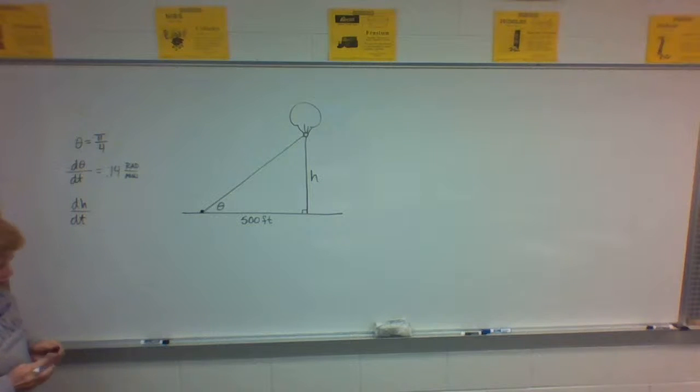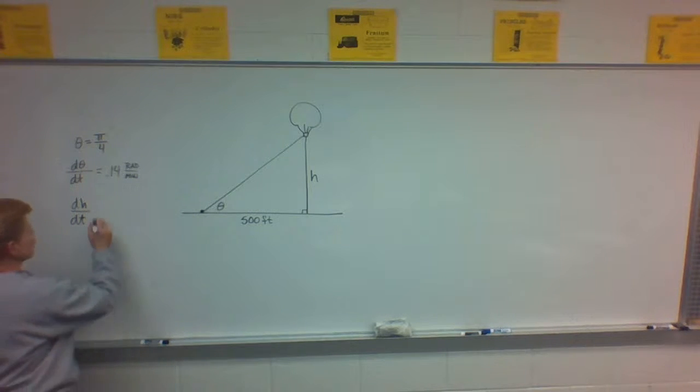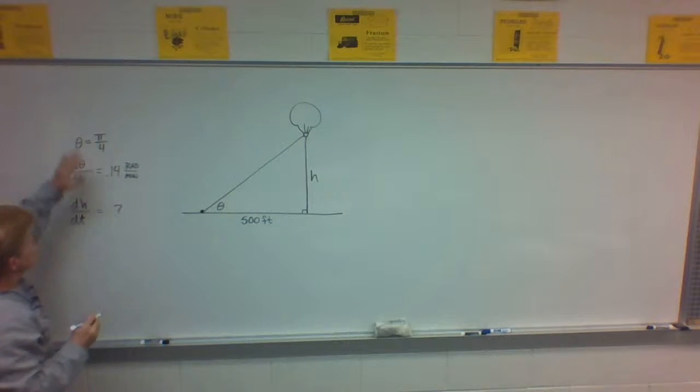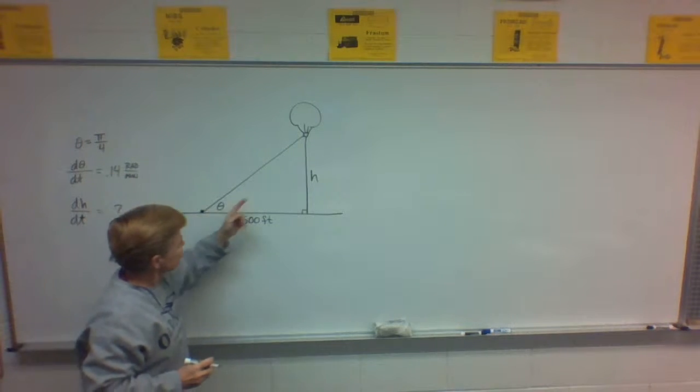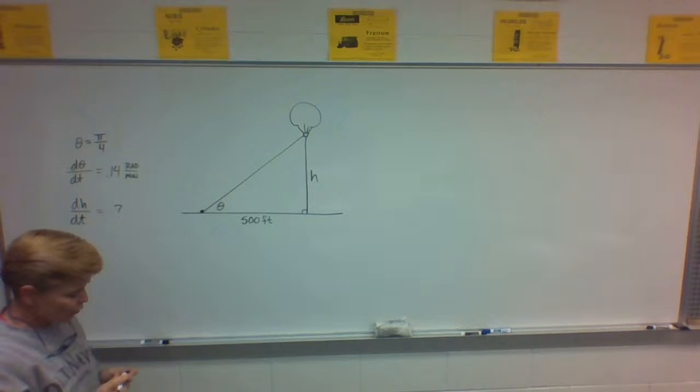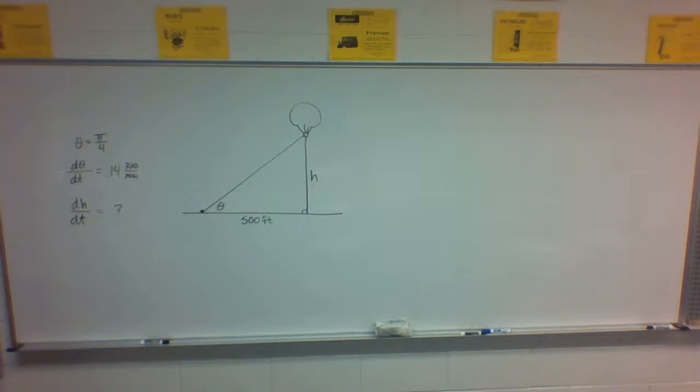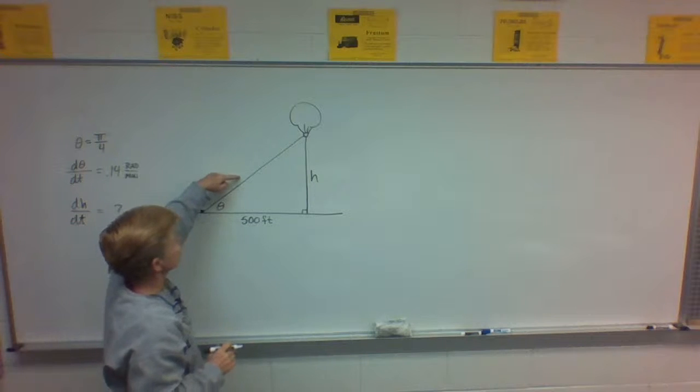Once you've decided what you're looking for, what you've been given, constants, variables on a picture, now you have to look at your picture and decide how they are related with some geometry or trigonometry. What do you think? How are the things on that picture related? You maybe think Pythagorean theorem, but we don't want to know anything about this distance.